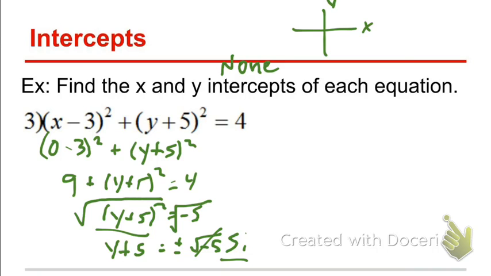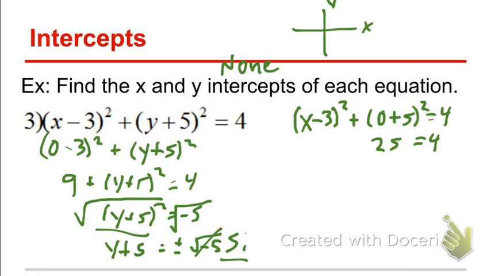If we plug in 0 for y, the same thing is going to happen. Or maybe not. Let's see. So you get (x minus 3) squared plus, plug in 0 for y squared, and then you get 25. So (x minus 3) squared plus 25 equals 4.